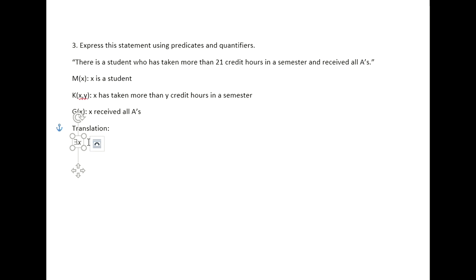The next in the existential is there is a student, X is a student, so we put M of X, M at X. And then, K at X and Y.